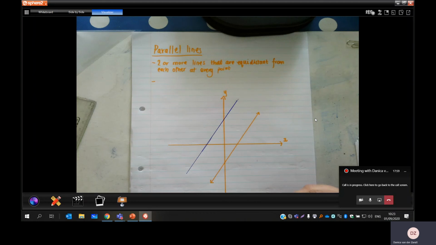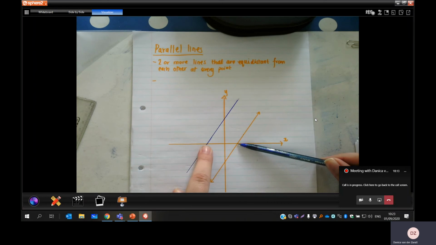Okay, now what can you say about these 2 lines? Do they have the same y-intercept? What is the same in these 2 lines? No, there's my x-intercept for the orange and my x-intercept for the blue. So can I say that the slope is the same?